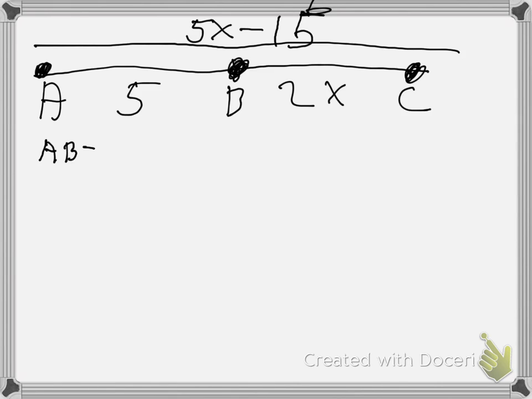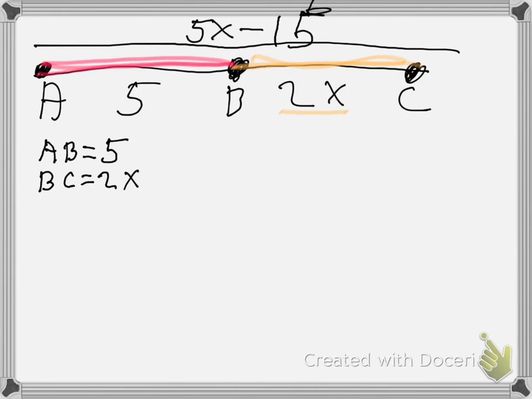A to B, do we know what it is? Yeah, A to B is 5. Do we know what B to C is? Yeah, it's 2x.